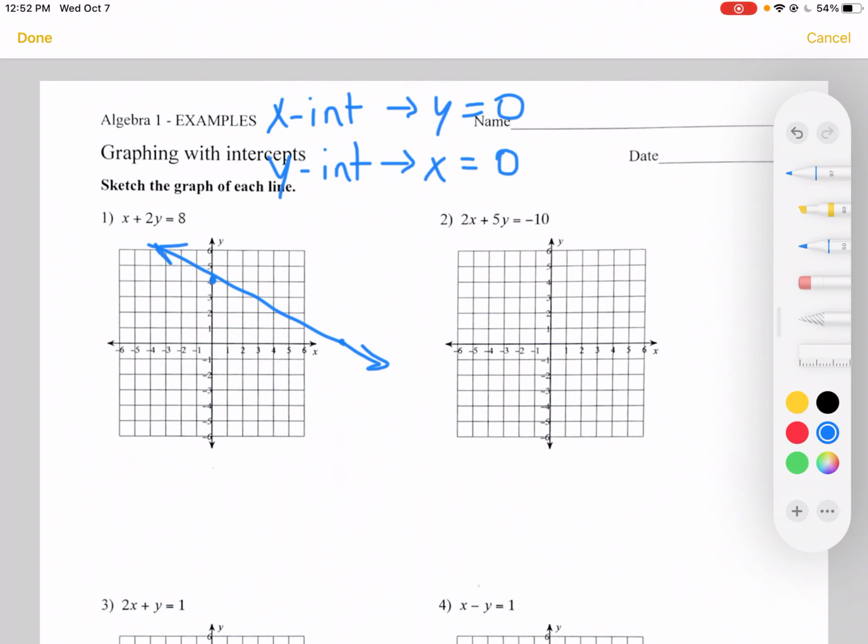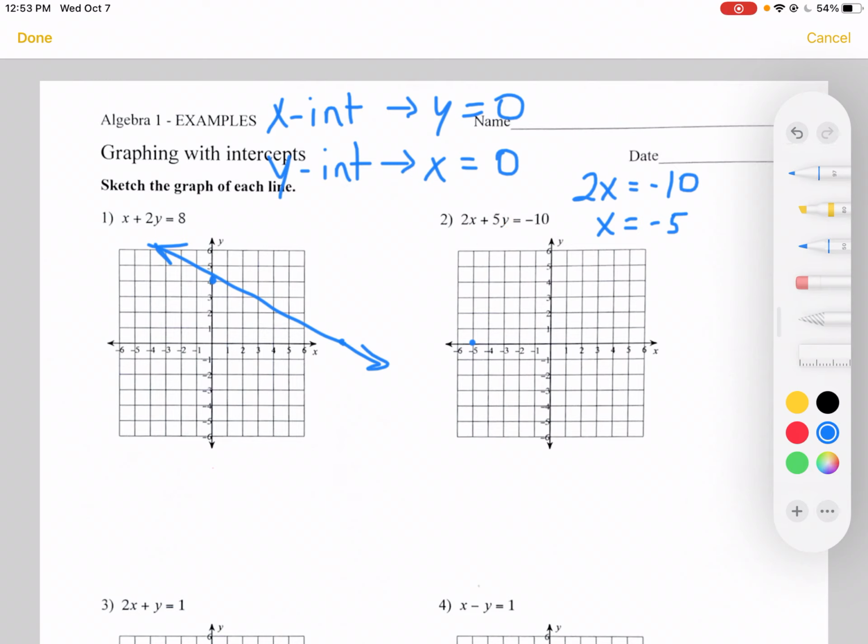So look at number 2. Let's say I want to find my x-intercept first. So I'm going to put 0 in for y, and I'm going to have 2x equals -10. So divide by 2, and you get x equals -5. So on the x-axis, the horizontal axis, I'm going to go left to where I'm at -5, and I'm going to put a dot there.